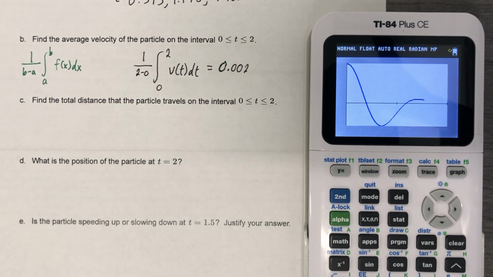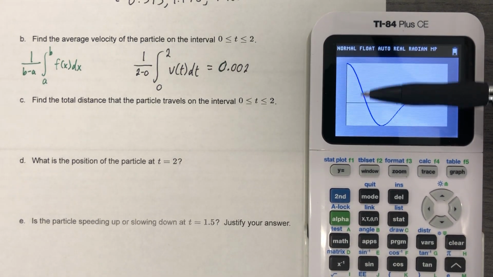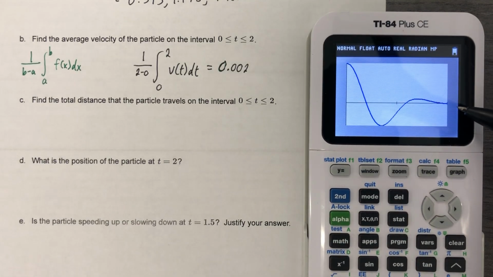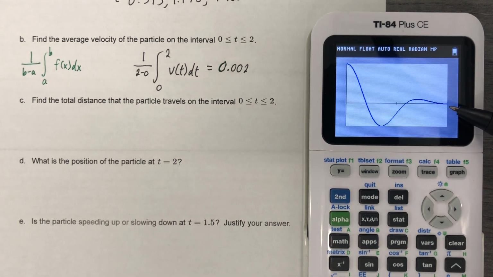The total distance a particle travels, from a calculus point of view, looking at the graph, since we're looking at the velocity, would be this area plus this area plus this area, and plus there's an itty bitty piece down here that we don't see because we had to zoom in to see. There's a tiny little piece under there that is also negative.